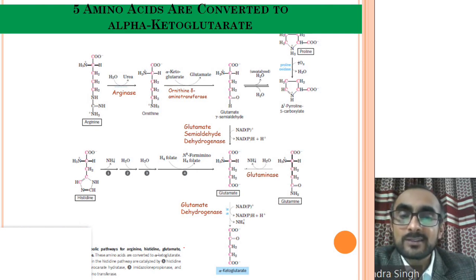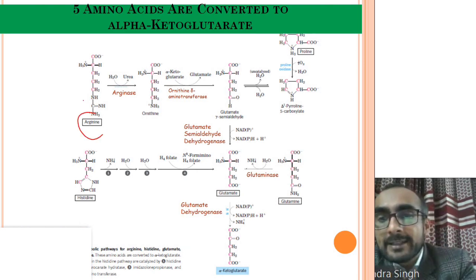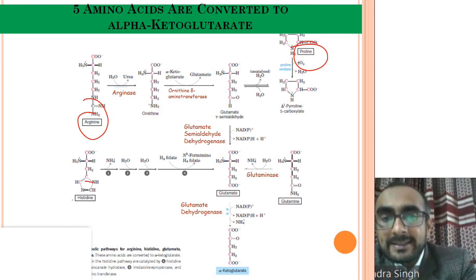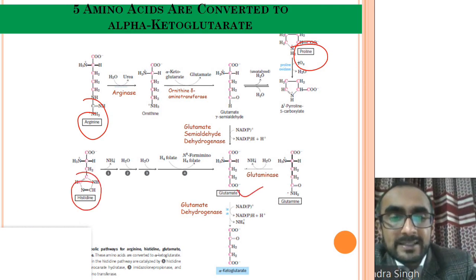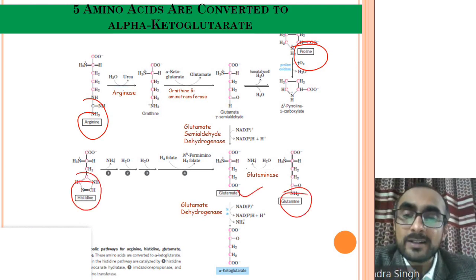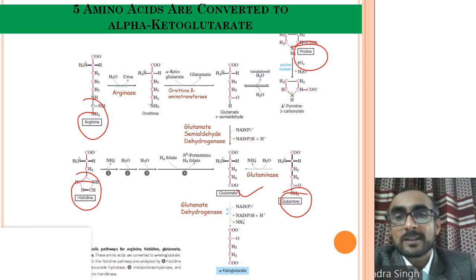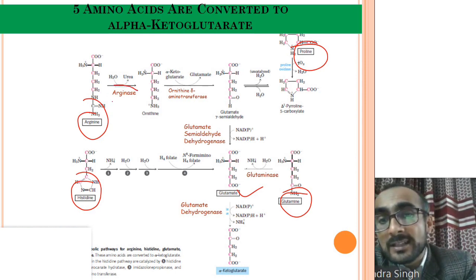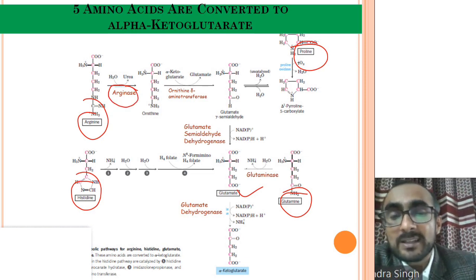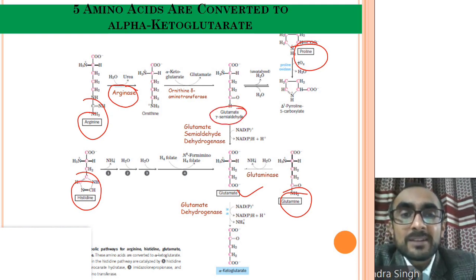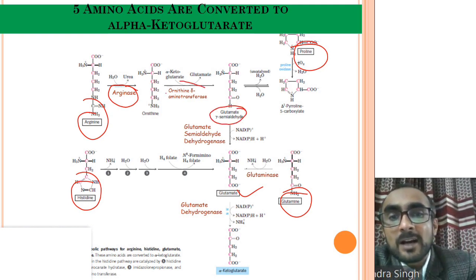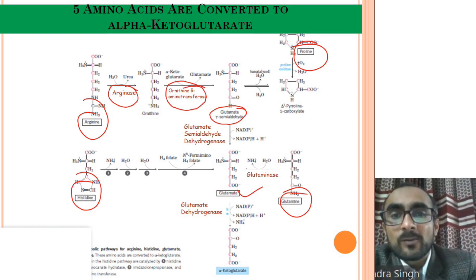Five amino acids: arginine, proline, histidine, glutamate, and glutamine are converted to alpha-ketoglutarate. Arginine is converted into ornithine by arginase, which is a urea cycle enzyme. Urea is formed, and this ornithine is further converted to glutamate gamma-semialdehyde by ornithine gamma-aminotransferase, where alpha-ketoglutarate is converted into glutamate.